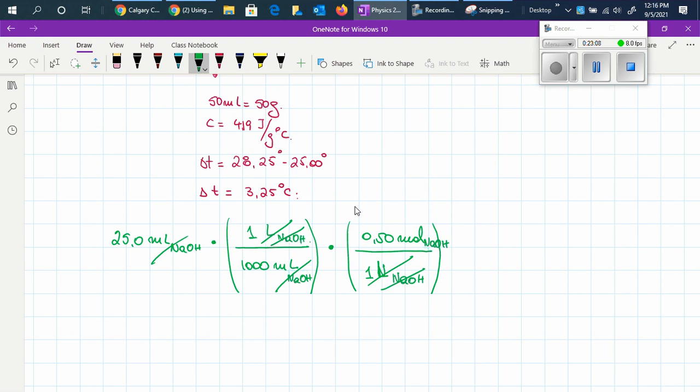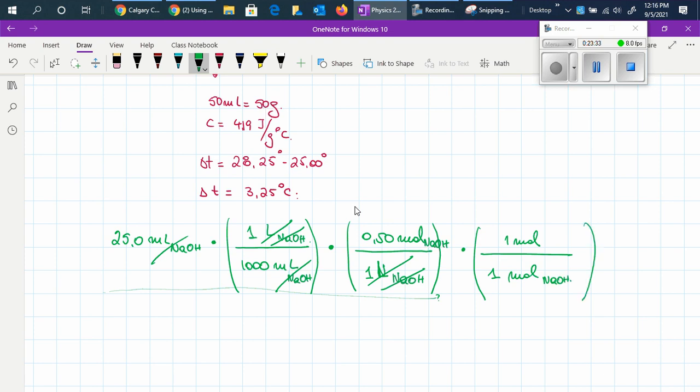So this one gives us the number of moles of sodium hydroxide, and in our case, 1 mole of reaction is 1 mole of sodium hydroxide.